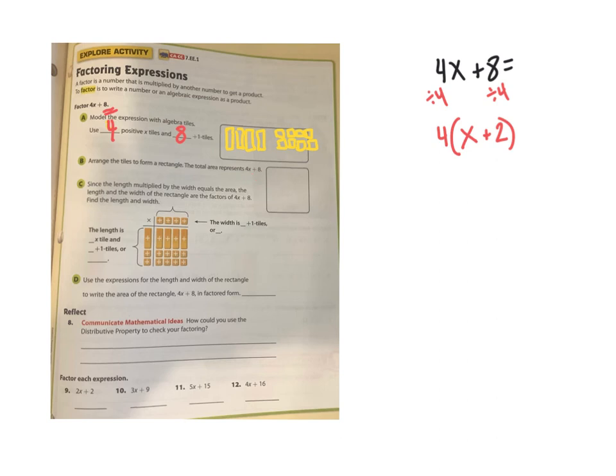So I'm going to rearrange them so that my 4 x's are there. Then I'm going to take those 8 ones and line them up underneath there. 1, 2, 3, 4, 5, 6, 7, 8.